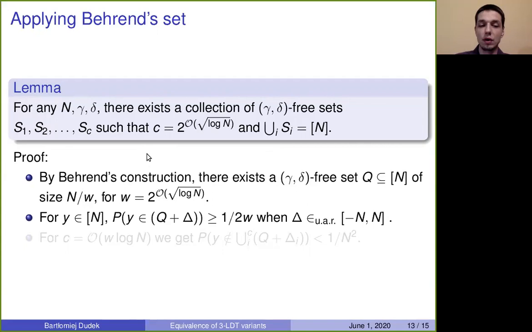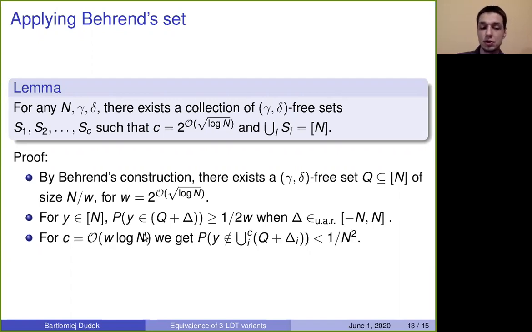Then we draw many shifts uniformly at random from this interval, and we consider the probability that an element y from the universe is covered by this set shifted by delta.